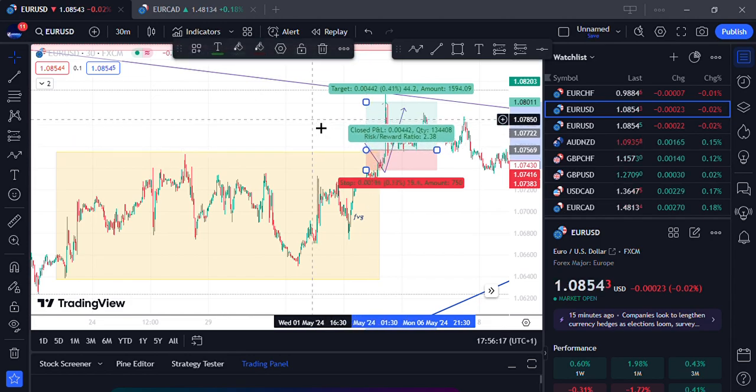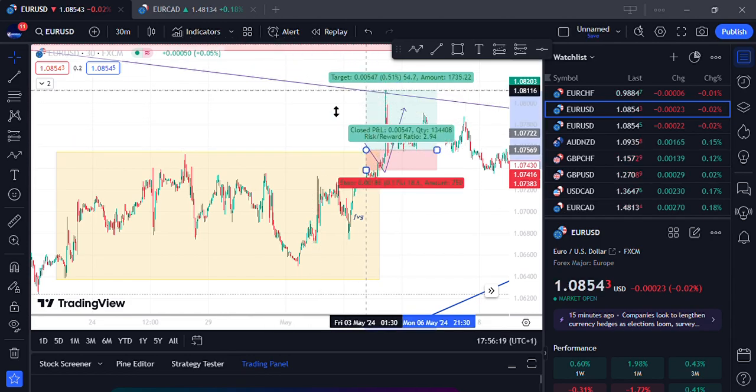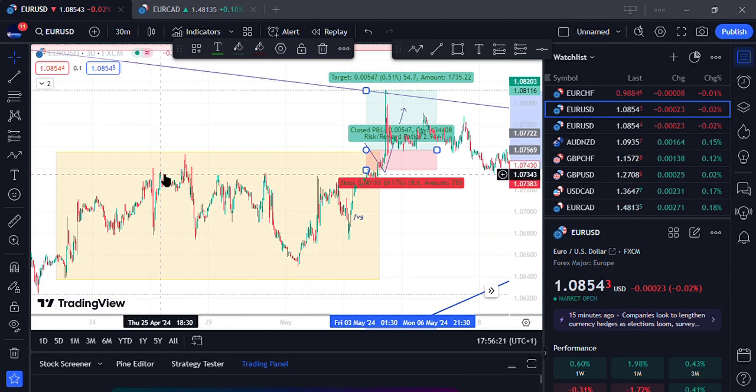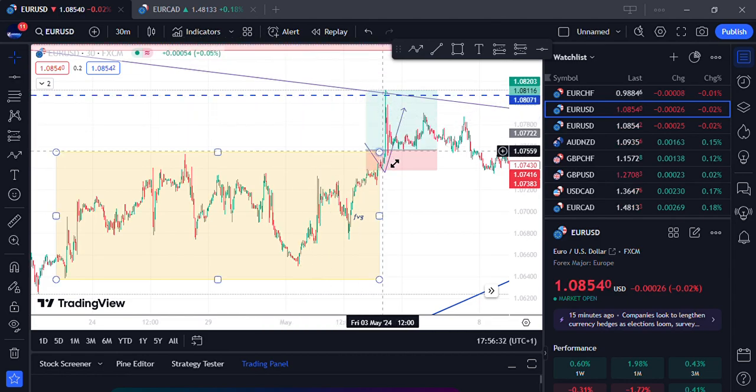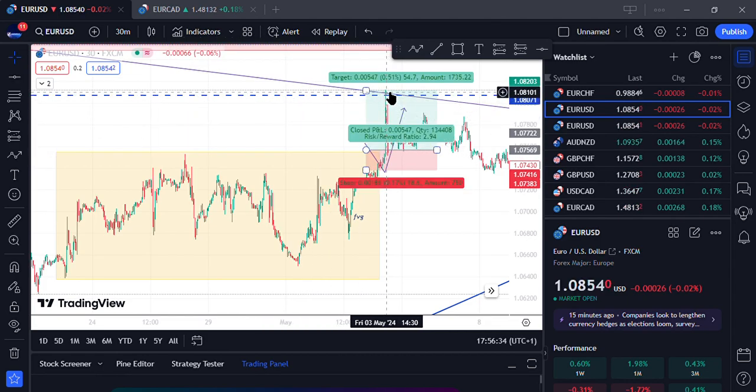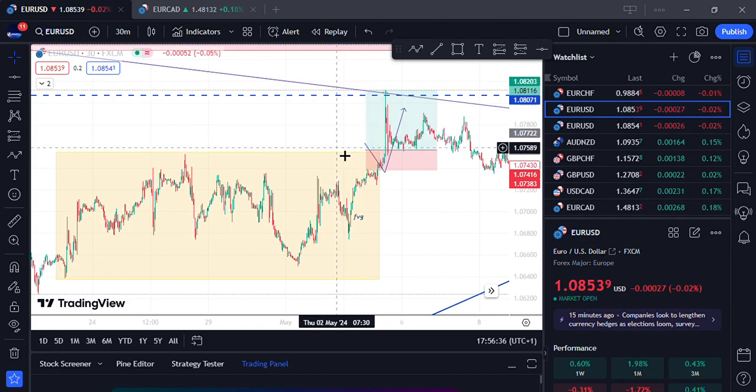So you are targeting the next support level after you have analyzed the market, obviously. I'm not going to go into that because we just want to focus on ranging market for now. Let's say this is the next support level that you can see in the market. So you buy from here and you target this next support level.